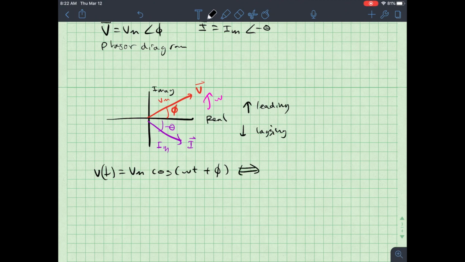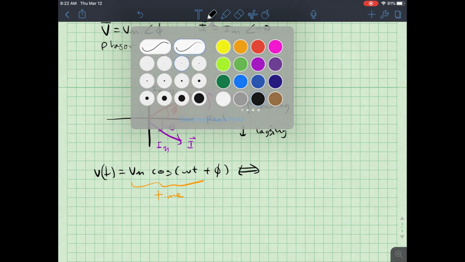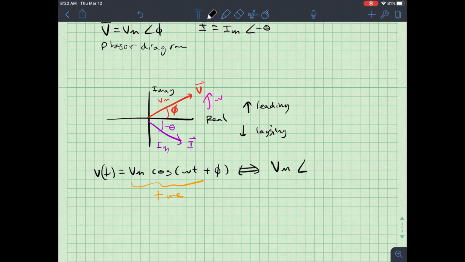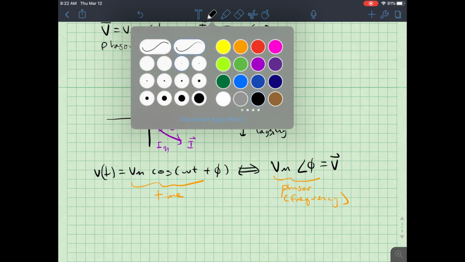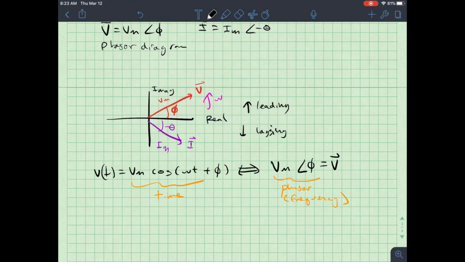And Vm angle phi, which is my V phasor, exists not in the time domain, but in the phasor domain, which is actually a frequency domain. And to make things work, if I'm going to work with signals that are phasors, they must all have the same frequency. We'll talk about that a little bit more in a later lecture.